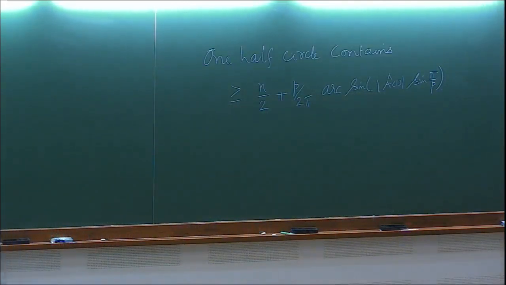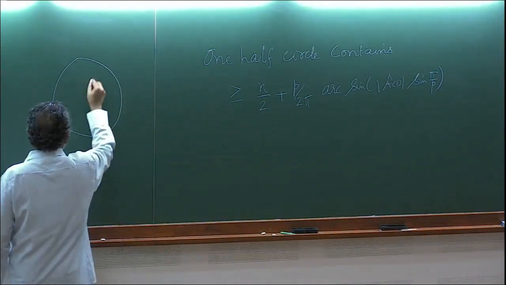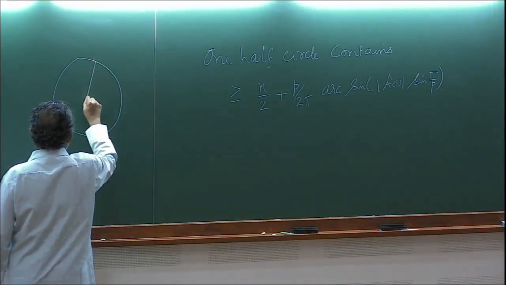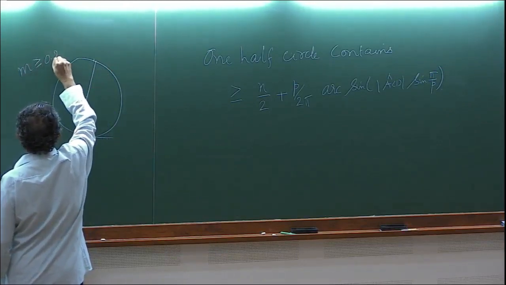This number I call m, and therefore now going to my model, there is a half circle containing m points and m is bigger than or equal to 0.238p.